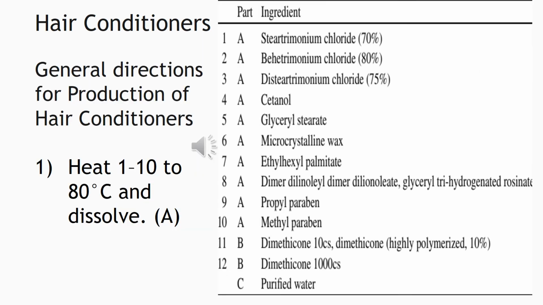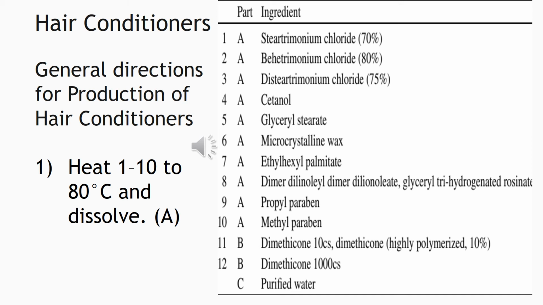General directions for the production of hair conditioners. Step 1 is to heat chemical compounds number 1 to 10 to 80 degrees centigrade. What are 1 to 10?